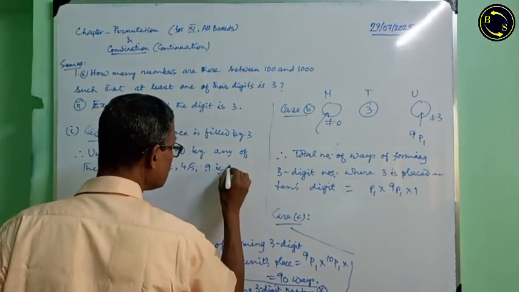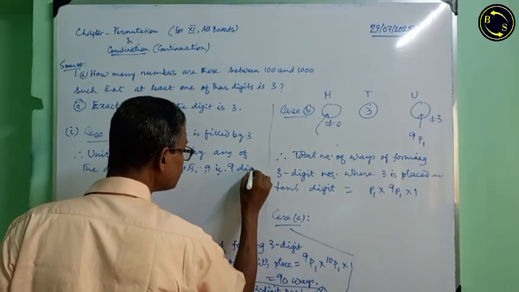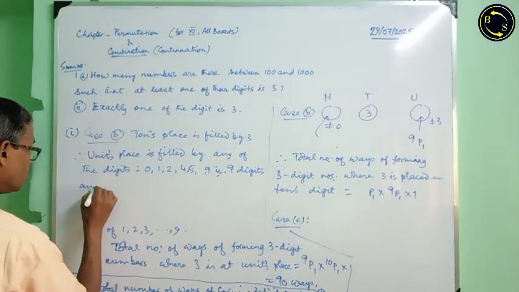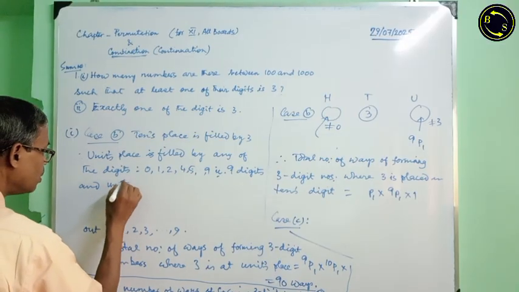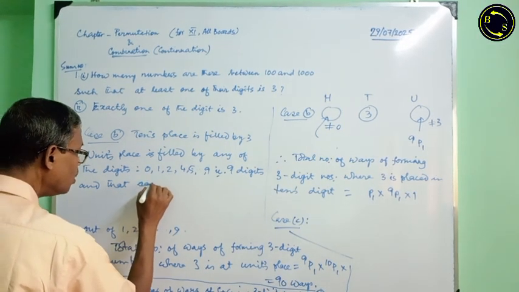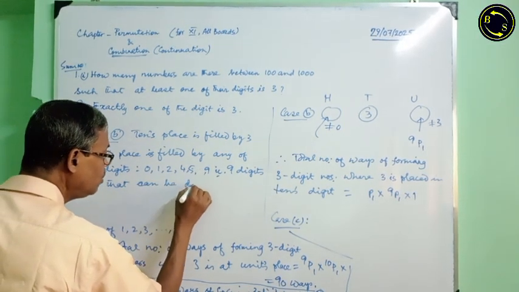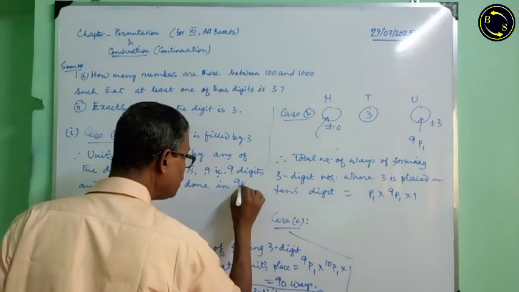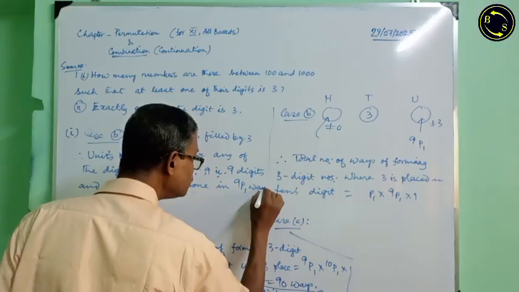That is 9 digits, and that can be done in 9p1 ways.